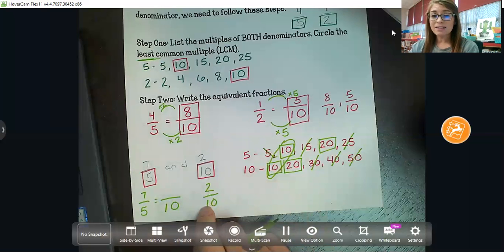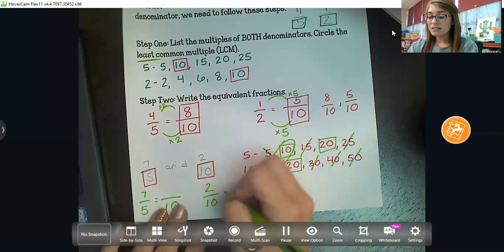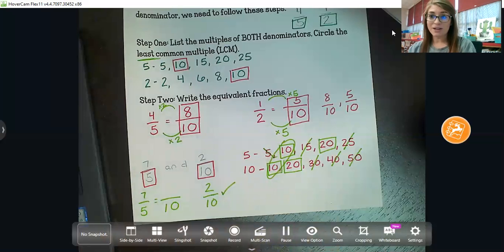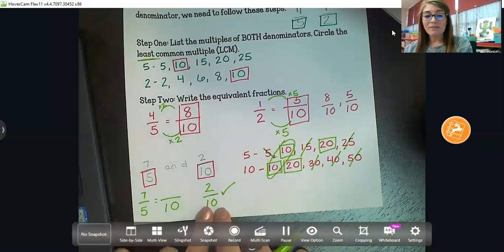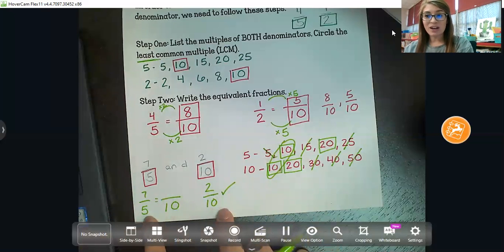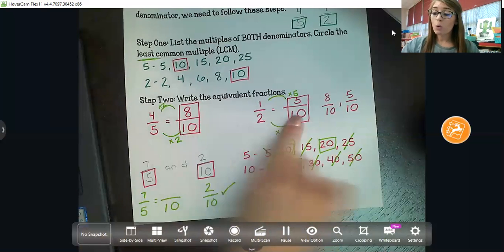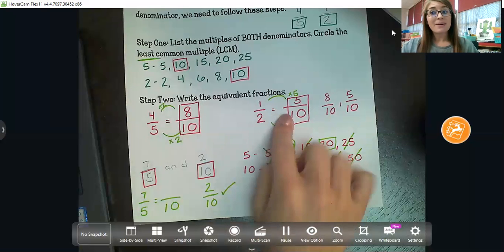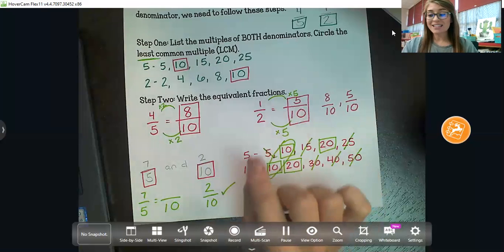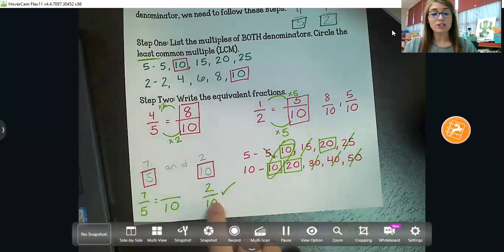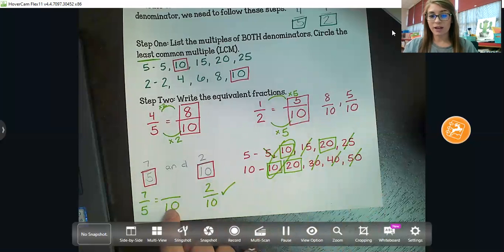Well, that means that 2/10 gets to stay exactly how it is because it already has that common denominator we're looking for. So the only one we have to change is 7/5. Sometimes you're going to have to change both, like in the first example. But sometimes it's going to work out nicely where you already have one fraction that shares that common denominator and you only have to change one.